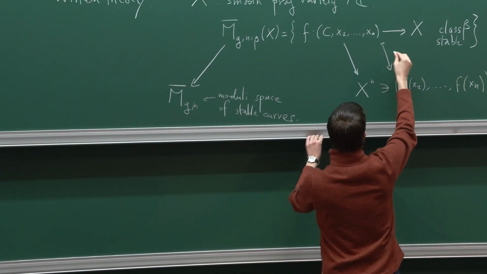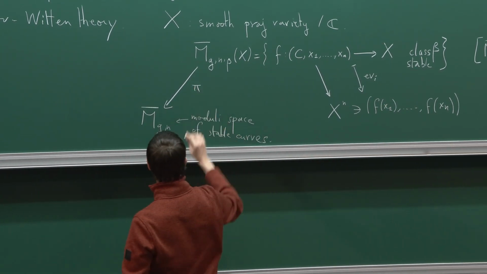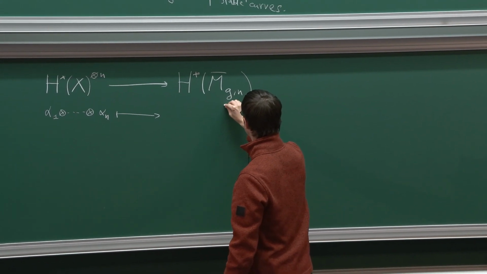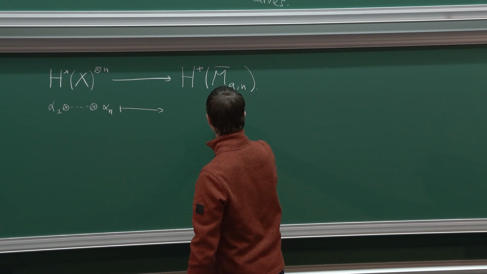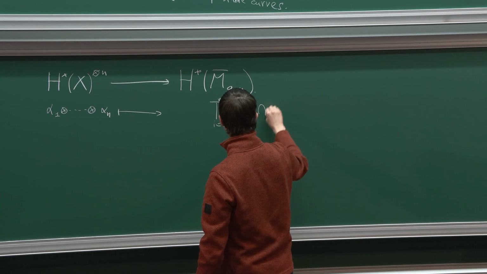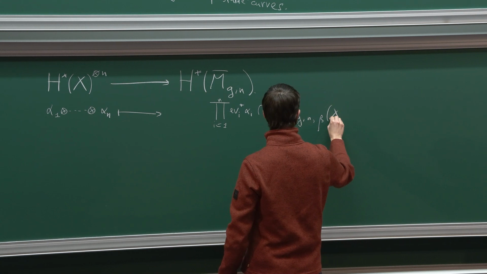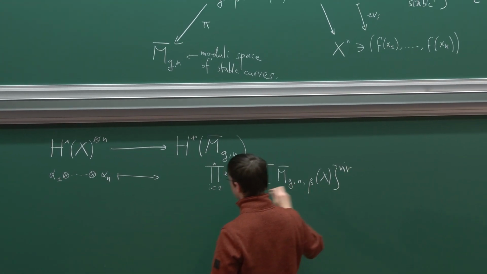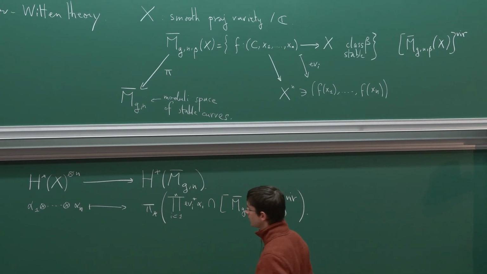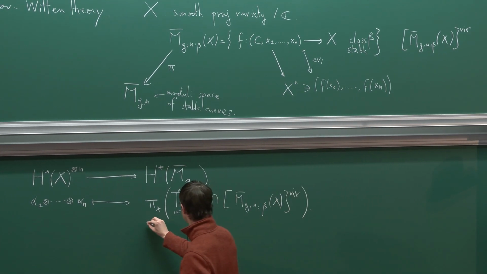Let me call ev the evaluation at the n marked points here, and let me call pi this projection here. Then you can just pull back the cohomology classes by the evaluation morphism, cap with this virtual fundamental class, and then push forward to the moduli space of curves. And the classes you obtain like that are so-called Gromov-Witten classes.